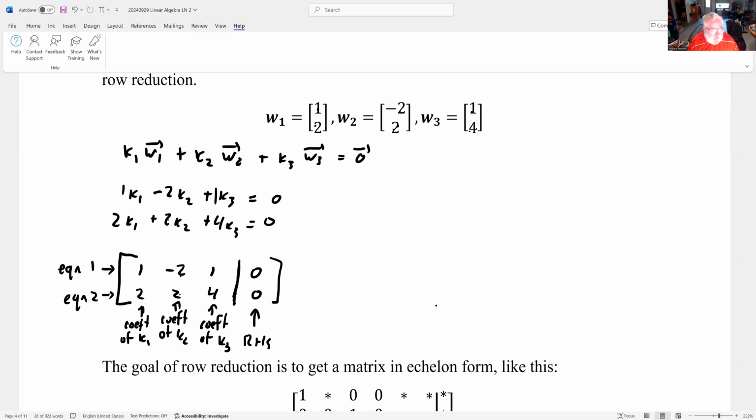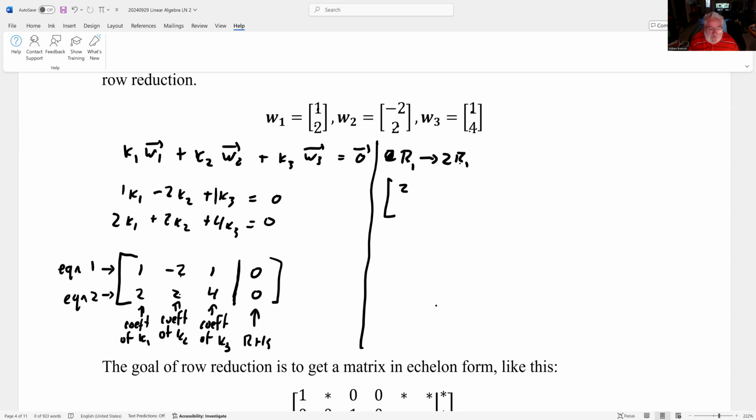Okay, so what can we do with this? We can multiply row 1 by 2. That means take row 1, multiply by 2. That gives me 2, minus 4, 2, 0, 2, 2, 4, 0.